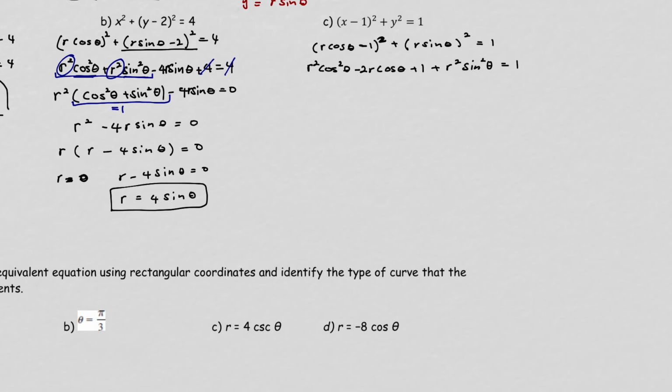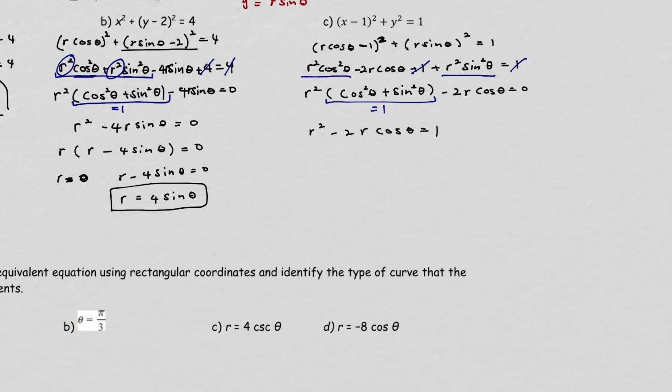And so these two cancel out. And when we're looking at these two terms, you can factor r squared. And you get r squared times cosine squared theta plus sine squared theta minus 2r cosine theta equals 0. And we know this is equal to 1 by identity. And it gives you r squared minus 2r cosine theta equals 0.